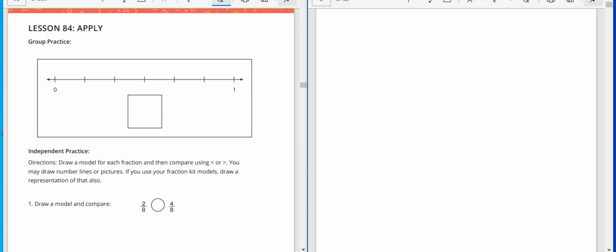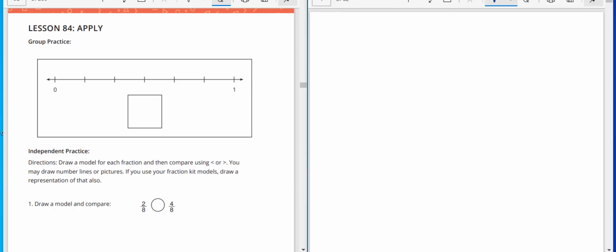This fraction is called a proper fraction. Proper fractions are fractions with a numerator that is less than the denominator. For example, 2 thirds or 4 sixths.